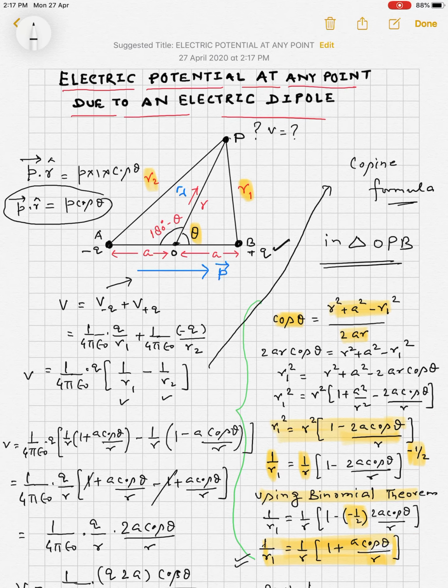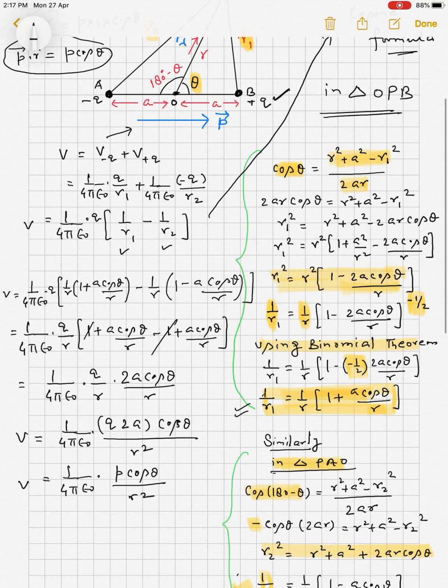So p dot r can be written as p cos theta. So here we can also write 1 upon 4 pi epsilon naught p vector dot r unit vector upon r square. So this is one form.